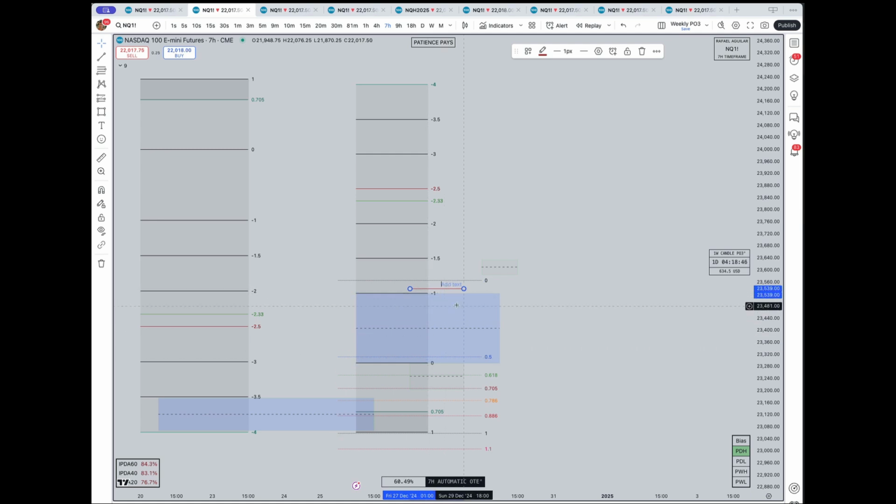Many times you see wicks going over the -1, but bodies close inside the -1. Bodies will close around here. If you see the price action, like these bodies here, reject 1, 2, 3 times, you're wrong. You're not going up. Most likely you will get a reversal.